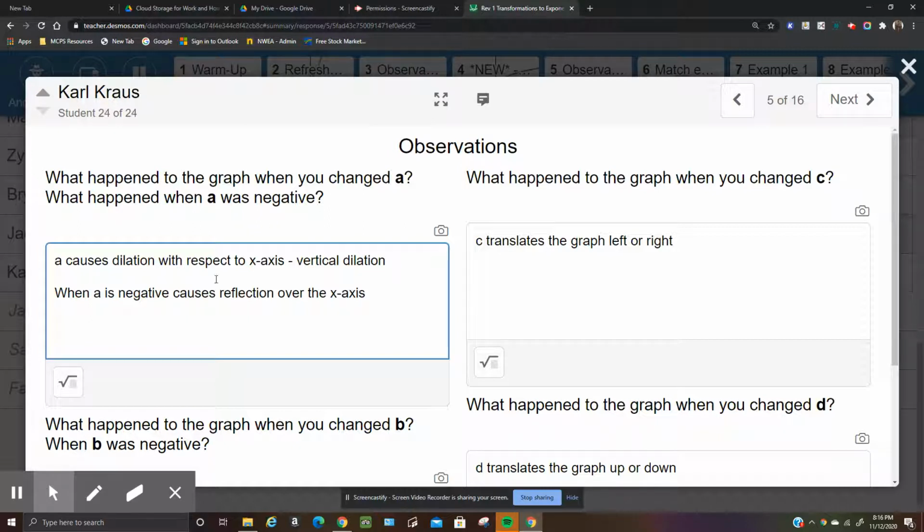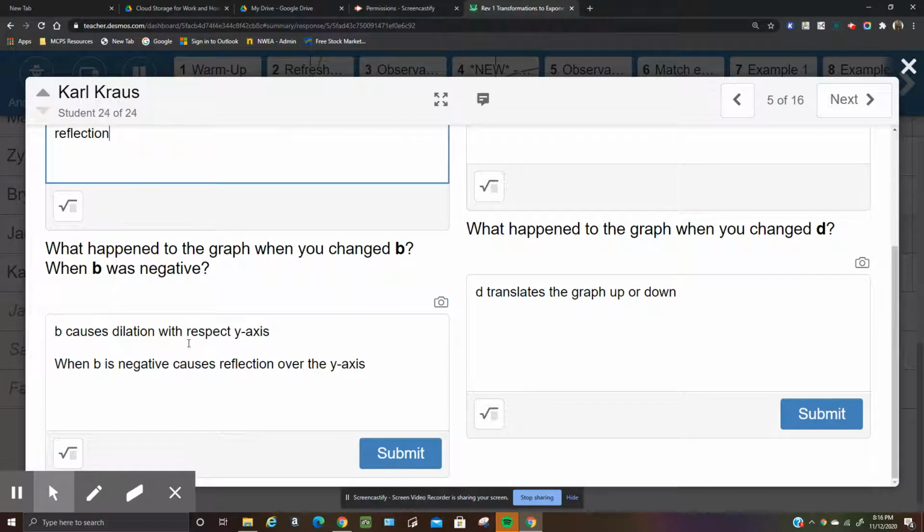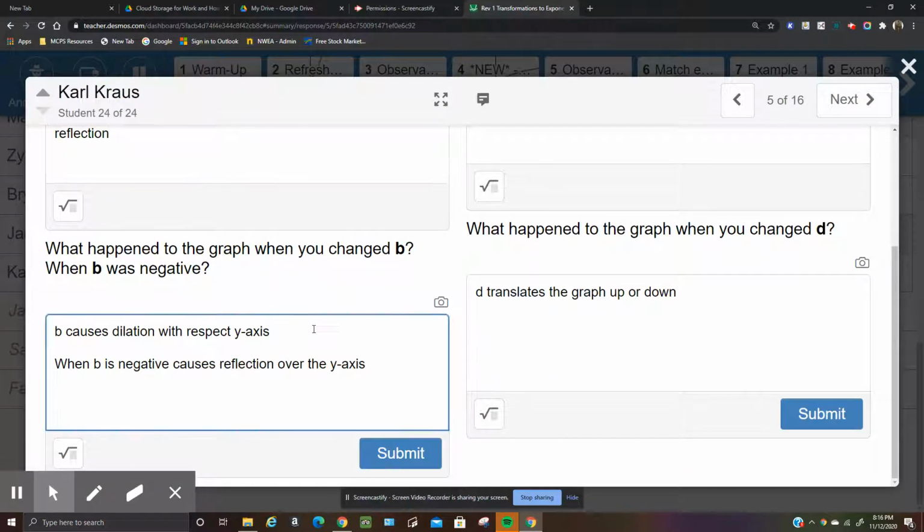So A causes dilation with respect to x-axis, or a vertical dilation. When A is negative, it causes reflection over the x-axis, or vertical reflection. B causes a dilation with respect to y-axis, or horizontal dilation.